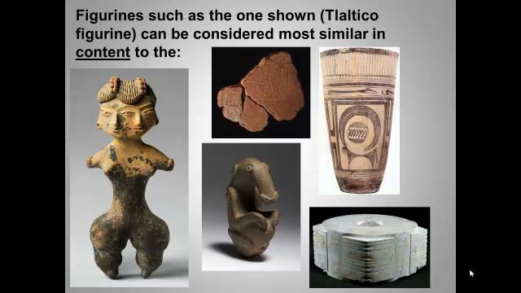The College Board says that the answer is the jade cong has a subject that is most similar to that of the Tlaltico figurine. Well, it's true that both the jade cong and the Tlaltico figurine seem to have a kind of monster face, and both works may suggest a duality, again, such as the duality between earth and heaven. But the lapida fragment has a stylized face too, and the emblem stone is also a figurine. So I find this a confusing question, but I just gave you the correct answer.